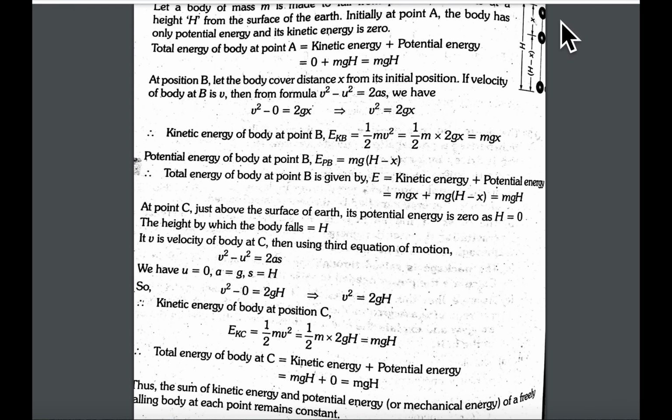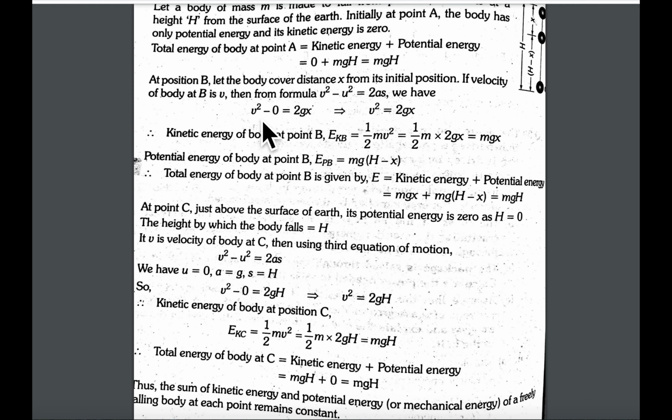Now this is point A, this is point B, and this is point C. When the object moves from A to B, at point B it covers, suppose, distance x. At position B, let the body cover a distance x from its initial position. So if the velocity of the body at B is v, then we can say v square minus u square is equal to 2as.